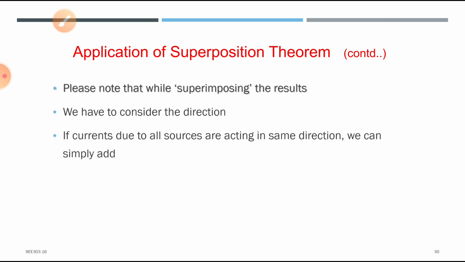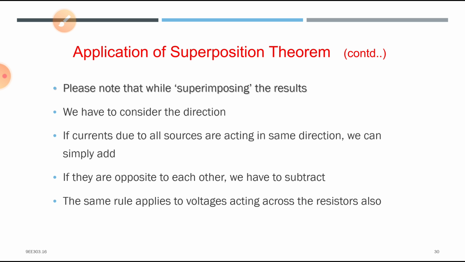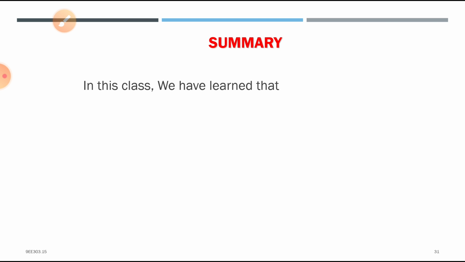Whatever you assume should be consistent throughout the problem. If the currents due to all sources act in the same direction, we can simply add them. If they are opposite to each other, we have to subtract. The same rule applies to the voltages acting across the resistors also.